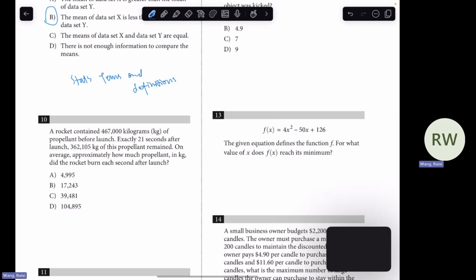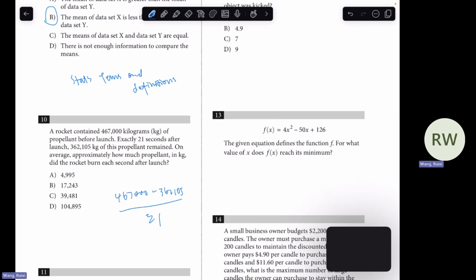Okay, average, right? The burn is the difference. It doesn't really matter in this one if you do positive and negative, as long as you understand the meaning. I think this one's supposed to be A.